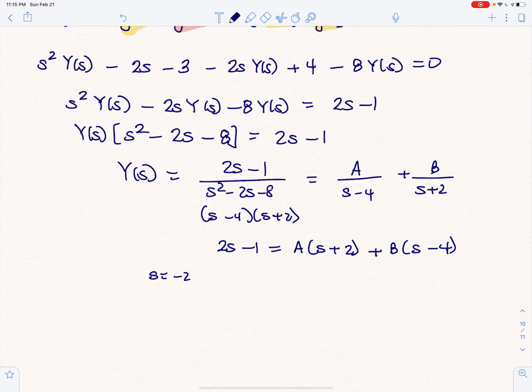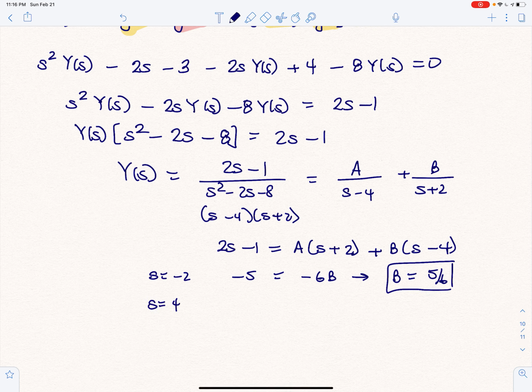So I'm going to say s equals negative 2. The left-hand side would give me negative 5. The A term would drop out, and I get negative 6B. So it looks like B is equal to 6. I'm sorry, not 6, 5/6. Oh, algebra. And then if s is equal to 4, the left-hand side looks like 7.